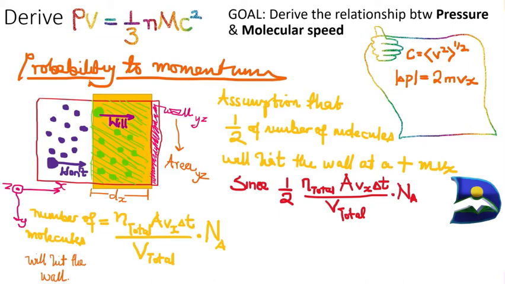So in this case, one molecule's momentum, which is expressed as our previous expression for the absolute value of momentum, is 2 times the mass and the velocity on the x-coordinate, and then we can determine the momentum of half of the number of molecules that will hit the wall.